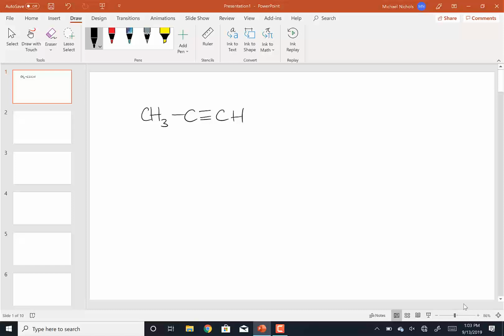Okay, so first step. First step I need to know is for all the non-hydrogen atoms, I need to know what the atom's hybridization is. So for this CH3, what would its hybridization be?